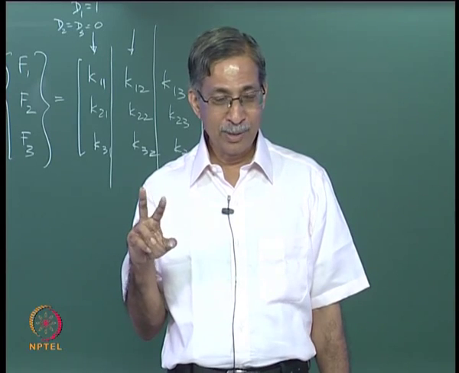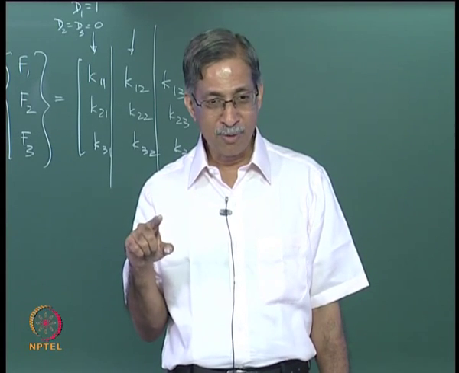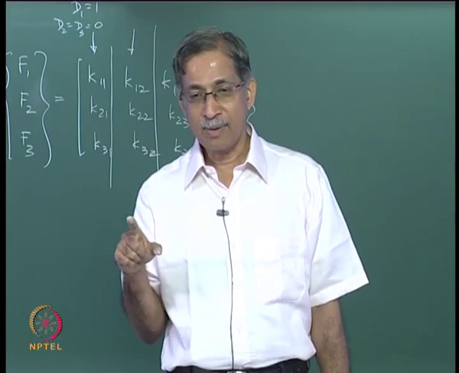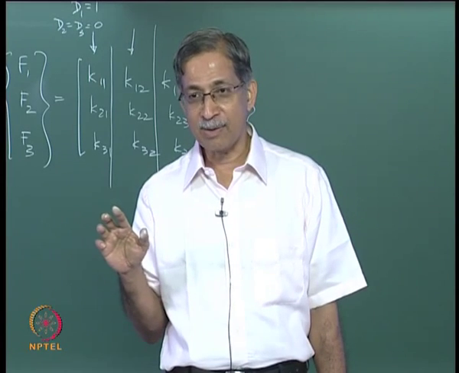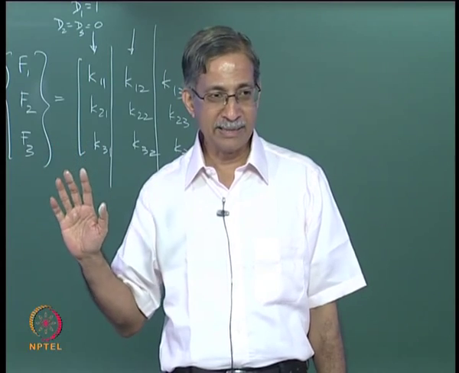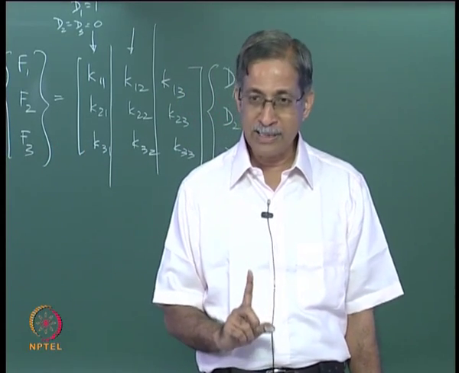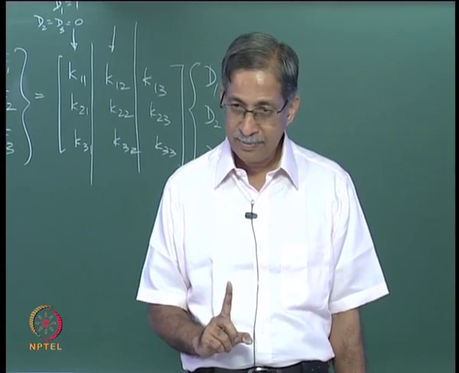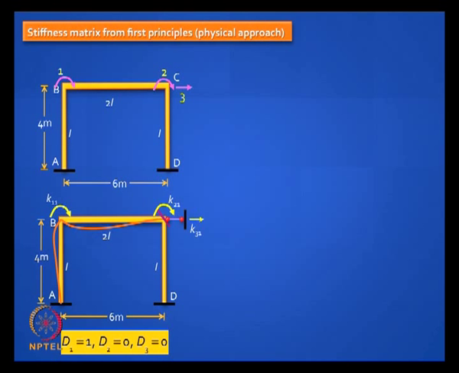Here you have two coordinates. So it's a force at the coordinate i caused by a unit displacement at the coordinate j with all other coordinates arrested. So here only d1 is there, and so one way to do it is you remove that restraint and you deliberately give an external moment.